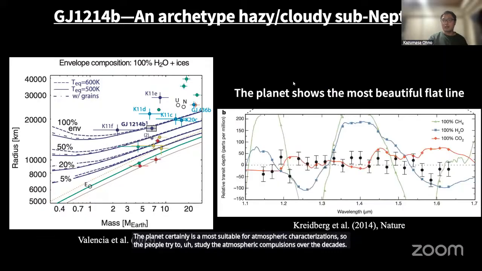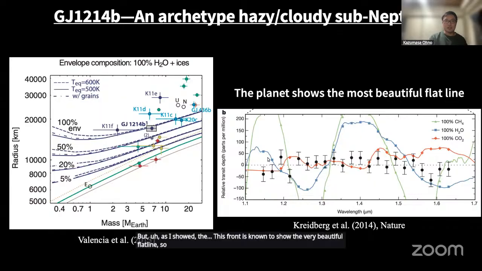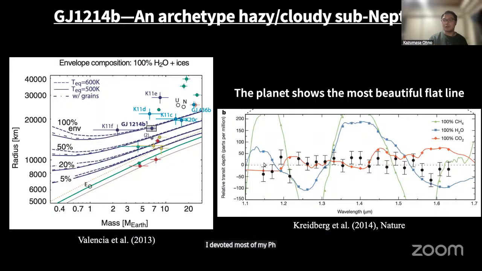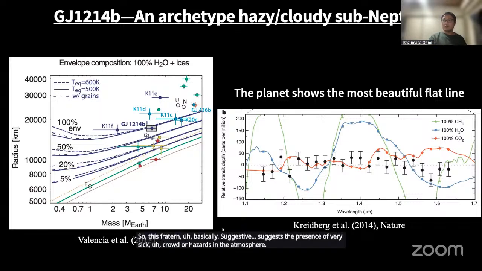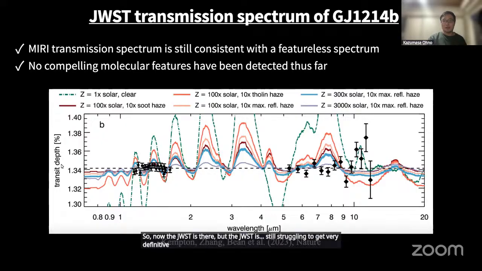But as I showed, this planet is known to show a very beautiful flat line. During my PhD, I devoted most of my time to explaining this flat line. This flat line basically suggests the presence of very thick clouds or hazes in the atmosphere. Now JWST is there, but JWST is still struggling to get a definitive conclusion about this planet.